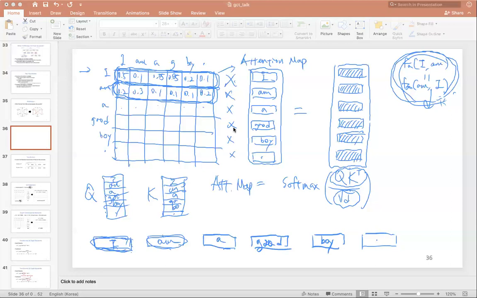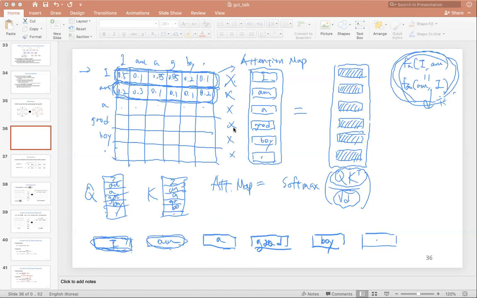So let's see, dk is... All right, yeah, it's the dimension.